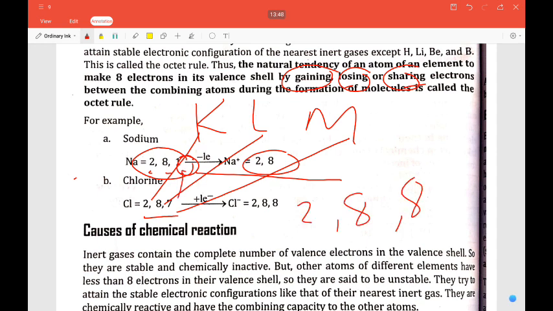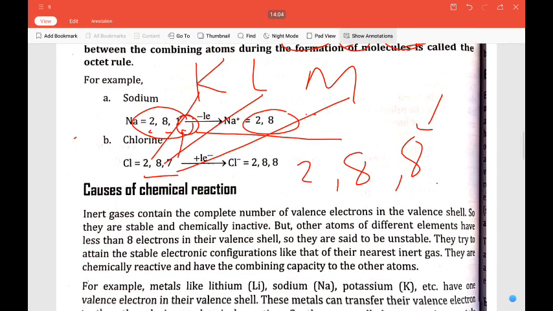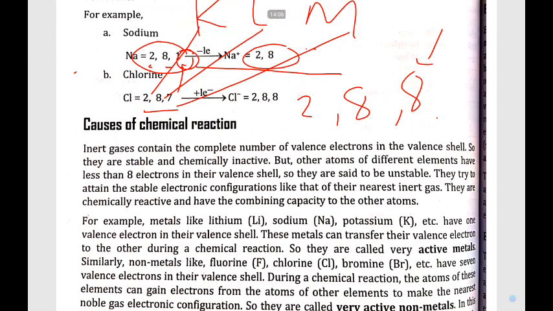See, in the outermost orbit there are 8 electrons now, and sodium is also in octet state now. That's why when sodium and chlorine react with each other, both of them possess the octet state.